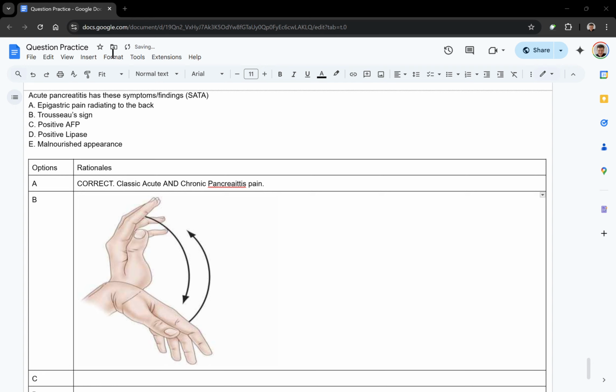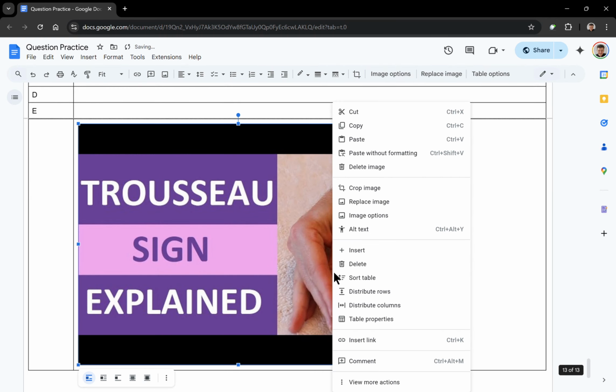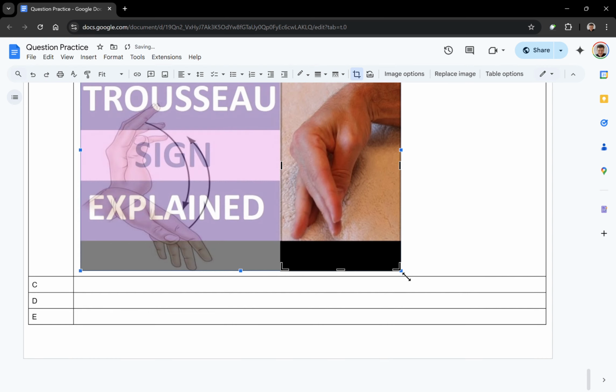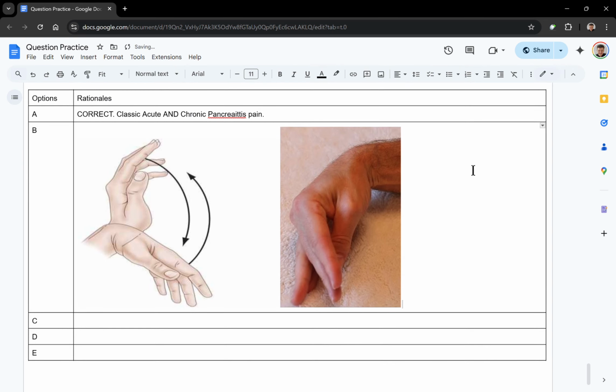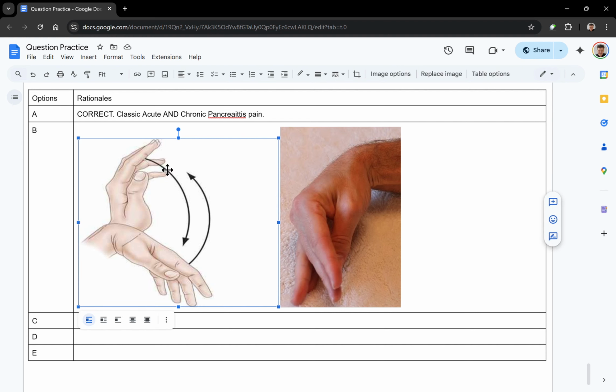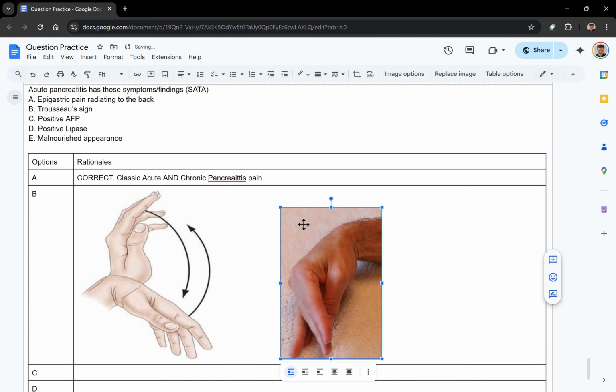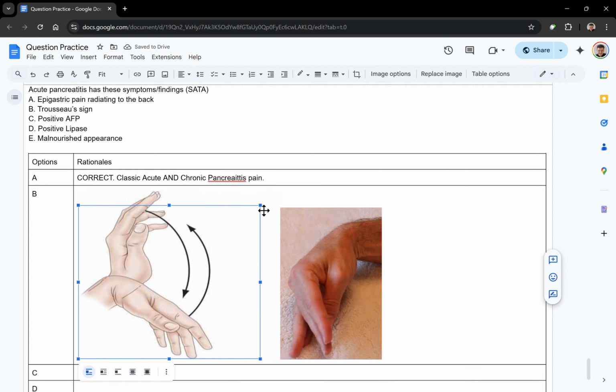Is that when you have the blood pressure cuff one? That one's also hypocalcemia. Trousseau's, and then what's another hand thing?